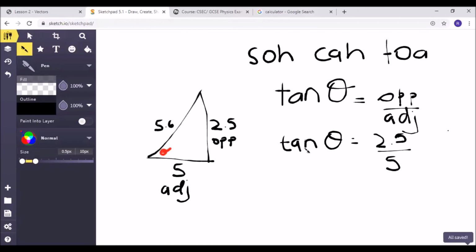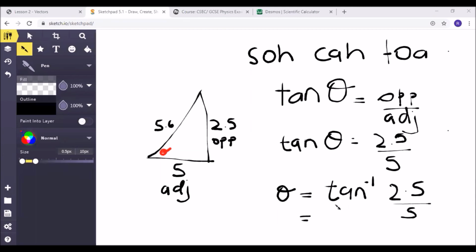But we don't need the tangent of the angle, we need the actual value of the angle. So we would need the angle is equal to tan inverse of 2.5 over 5.